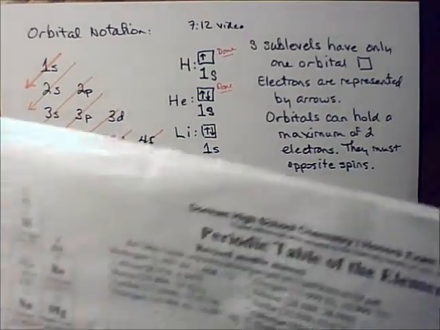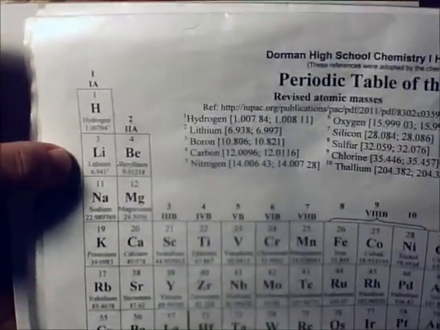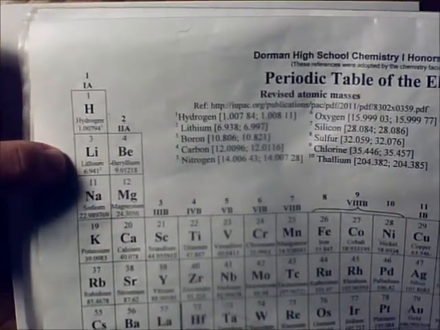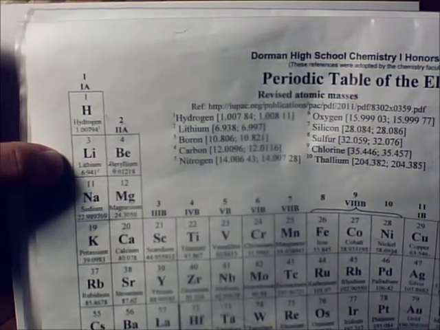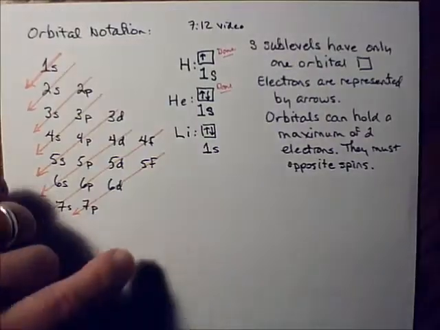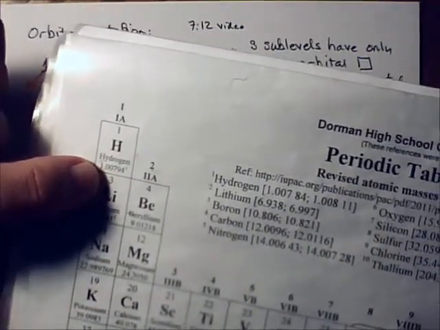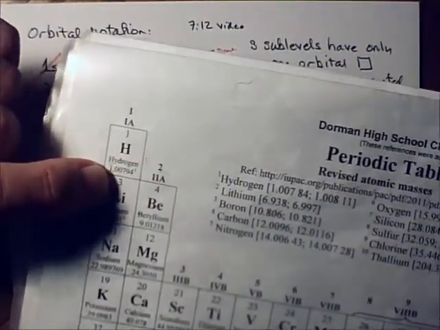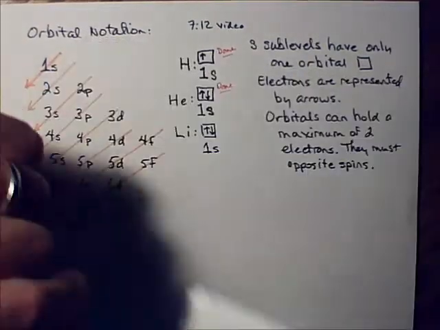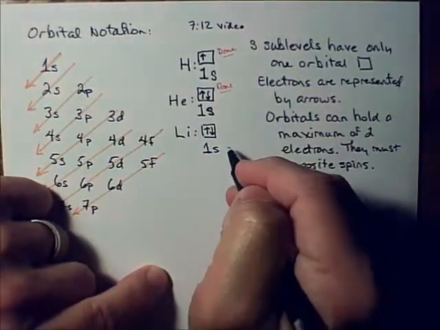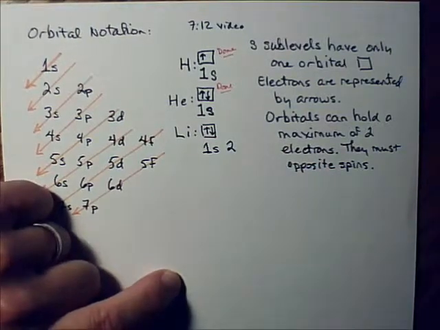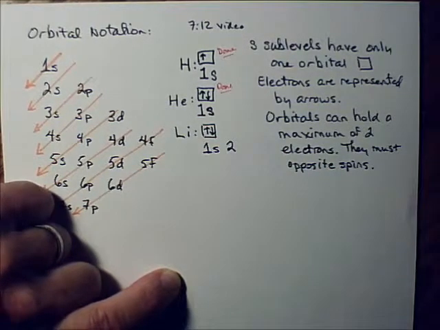You notice something very, very important. Lithium is in the second period of the periodic table, so it must have electrons being filled in the second primary level. So this next electron, lithium has 3 protons, so it must have 3 electrons, and the next electron we put in there for lithium must not be in 1, it must be in primary level 2. What sublevel region, what orbital region is lithium located in?